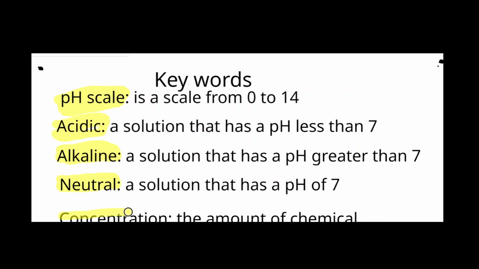Next one is concentration. Concentration is just the amount of chemical dissolved in a certain volume of solution. Okay. For example, I can have 7 grams of salt dissolved in 10 ml of water, or in another container, 12 grams of salt dissolved in 10 ml of water.